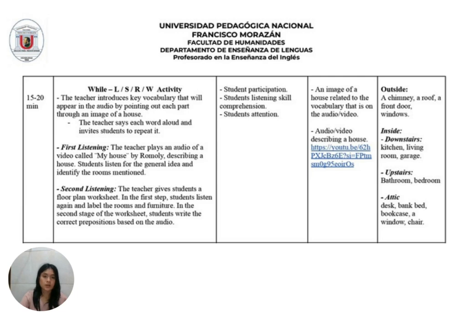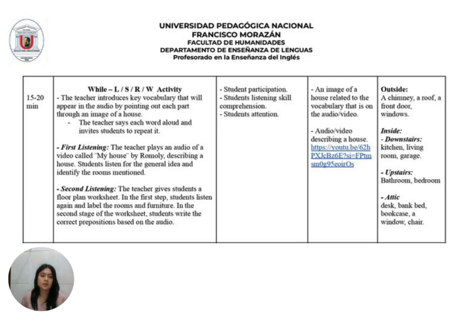As you can see here on this screen, there is a link, and this is just a video of 2 minutes. For the first listening, I will play the audio, and the students will listen to grasp the general idea. Their goal is to identify the rooms mentioned in the descriptions.